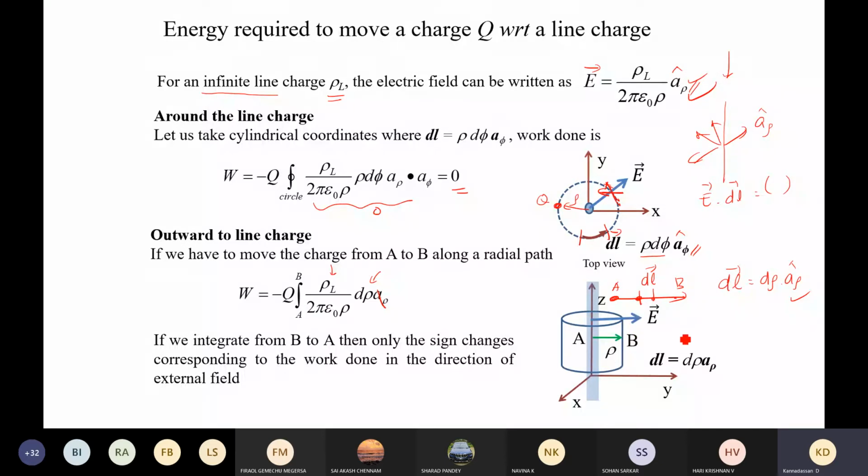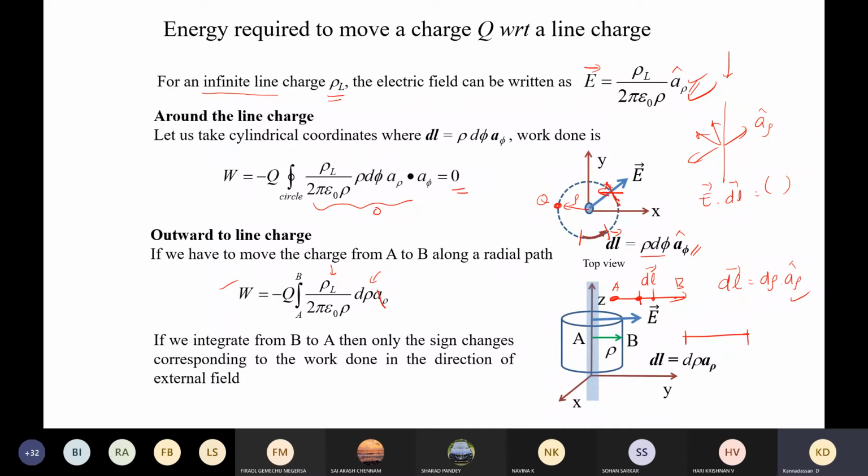This is applicable everywhere. Whenever it moves from a to b around any path, the work done will be the same because the electric field is the same in all directions of the line vector. So this is how we calculate the force as well as the work done on a test charge, capital Q, when it is moving around.